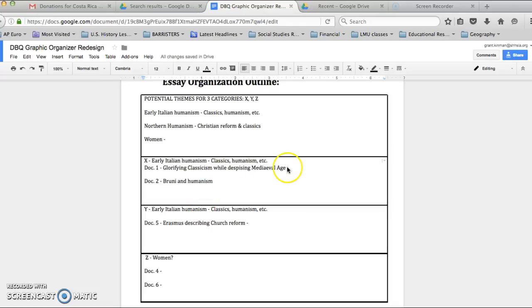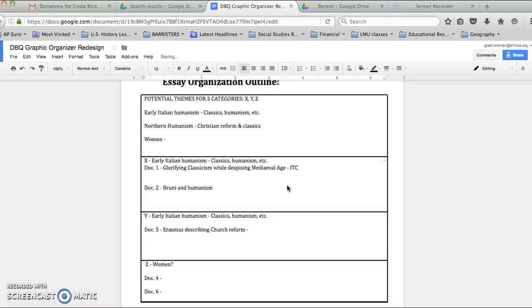So maybe you make a note here and you write this and then you say, I'm going to use an in-text citation, ITC, and then for my analysis, I'm going to think about his audience, which is interesting because he's writing to Boccaccio, another Italian humanist, who shares his views, and then you can describe how that would impact his writing, right? So that would be the basic idea.